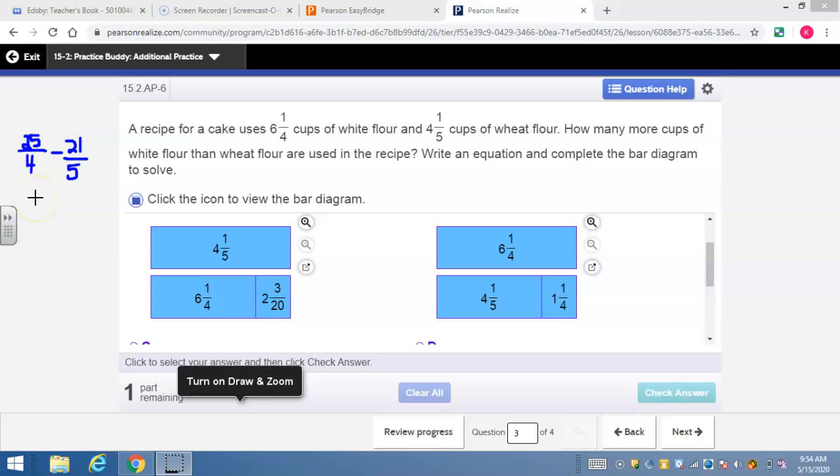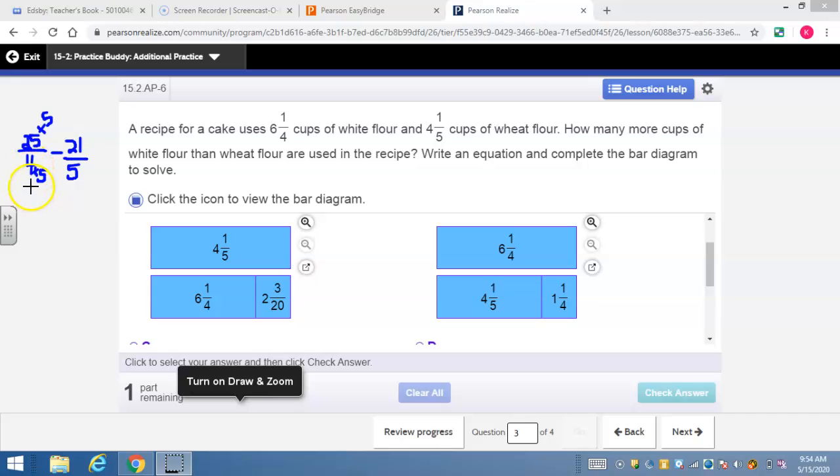Okay, but I still have a problem. What's my problem? That's right, I need to have a common denominator. So I'm thinking that a common denominator could be 20, because I know if I multiply 4 times 5, it equals 20. So I'm going to need to multiply this by 5 because I want to make it into 20ths.